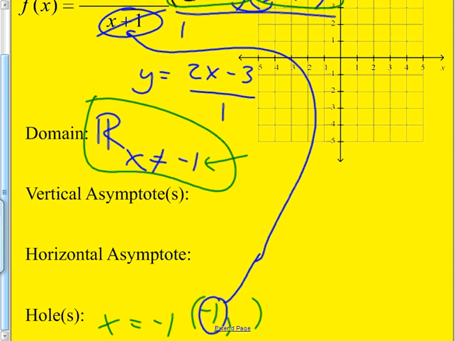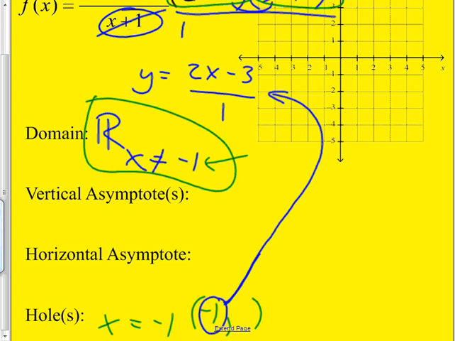So you stick the -1 into this. You put the -1 in for x, and you end up with 2 times -1 is -2 minus 3 makes -5 over 1, which is -5. That's why the hole would have been at -1, -5.